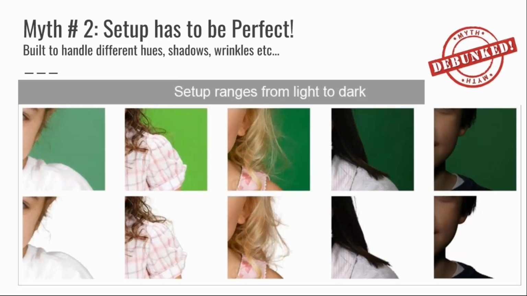Our algorithms were built with these little wrinkles and shadows in mind, so if you do have a wrinkle or a shadow coming through, those will be taken care of by the algorithms. If you do have a heavier shadow coming through on your background, we also have tools within the application where you can clean those up with no issues.